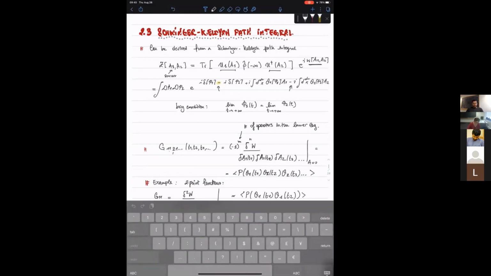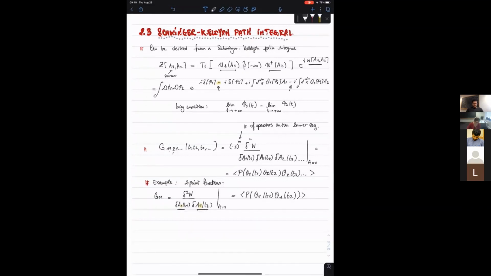Because they are both inserted in the upper leg, you will have to take the time-ordered correlation function of those, which is simply given by theta(t1 - t2), or T1, T2.